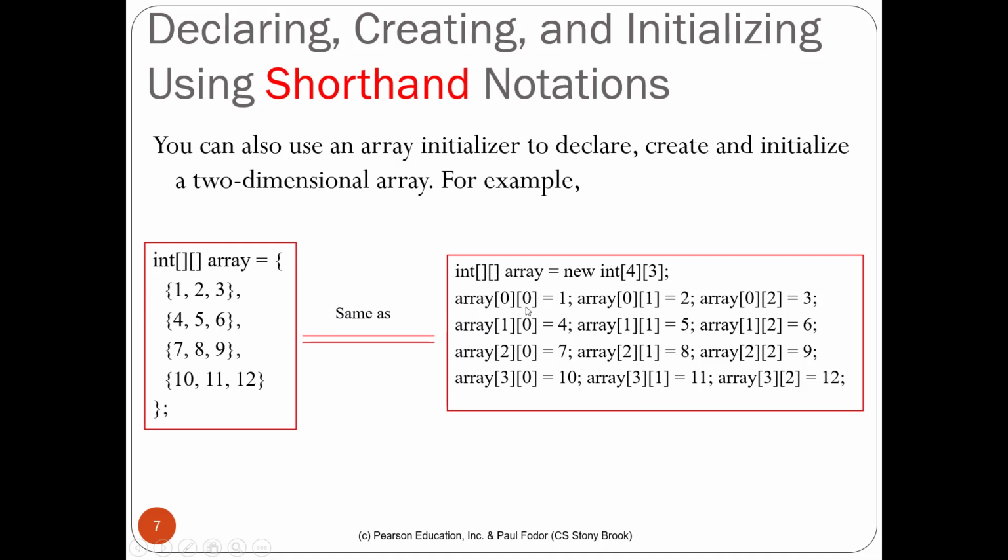Similarly, now you'll go to the second row. Second row means the index 1, 1, 1. That's the second row, first column, second row, second column, second row, third column. So you're explicitly doing this assignment. You're saying second row, first column 4, second row, second column 5, second row, third column 6. You go on doing it.